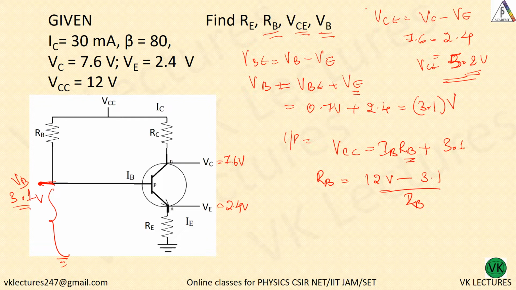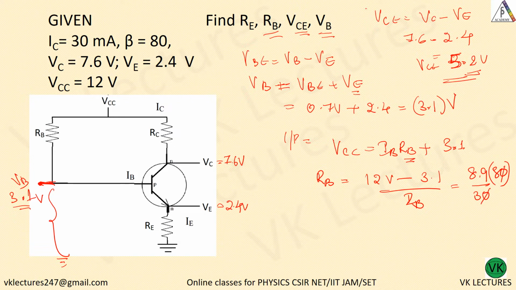So IB we don't know, but we know IC and beta. So IB is equal to IC by beta. So that's equal to 12 minus 3.1, that is 8.9, divided by IC that is 30, divided by beta that is 80. Right?